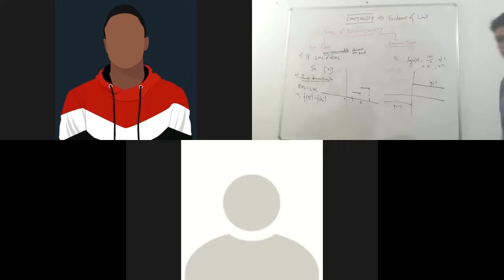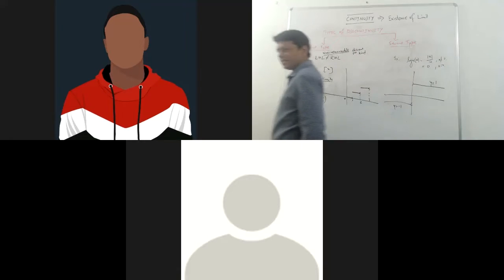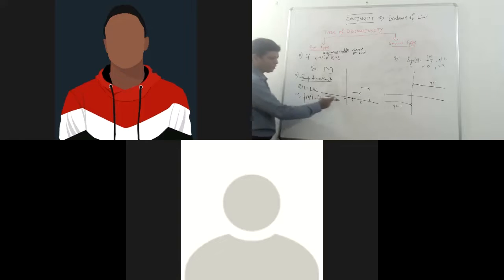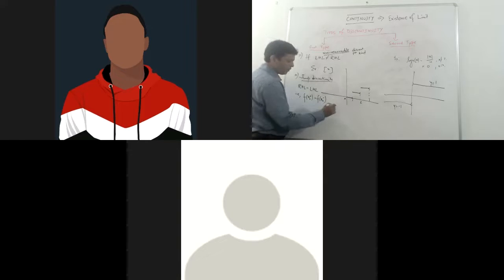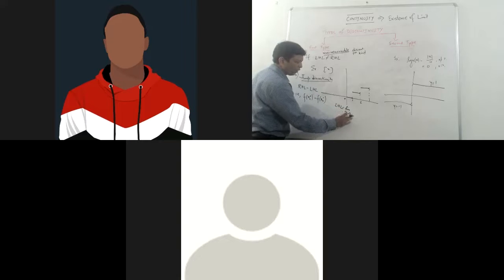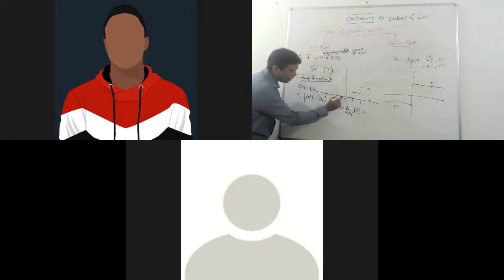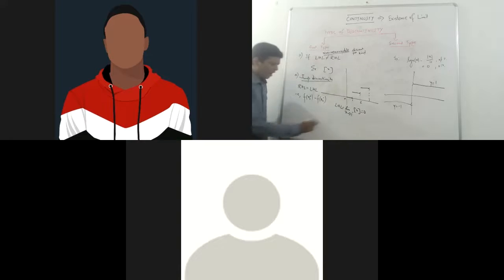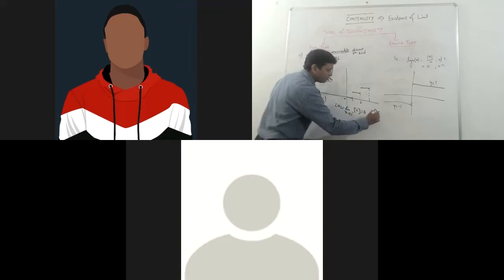The jump will be 2 in this case. What is the left hand limit at 0? And what is the right hand limit at 0?